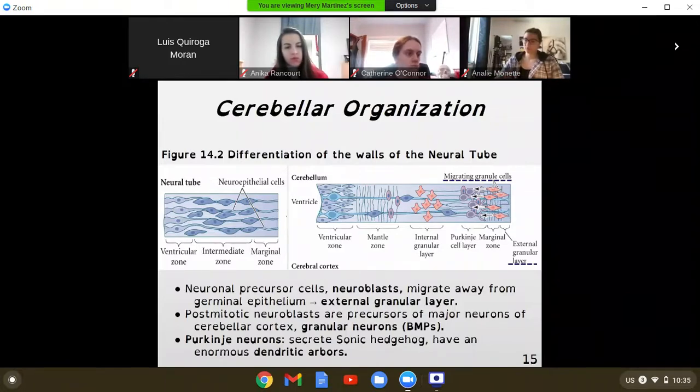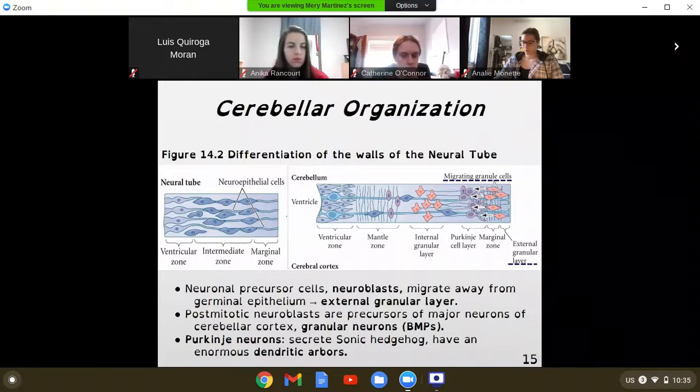These BMP molecules tell them where to go and become the precursors of the major neurons of the cerebellar cortex, the granule neurons. So we come from this ventricular zone, but then we go to this external granular layer, and they start migrating in this direction under the influence of BMPs.